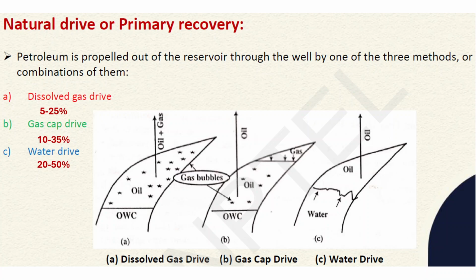So as soon as the pressure is released, what will happen? These dissolved gases, which are dissolved in the oil, come out. They are instantly released in the form of gas bubbles, and so some amount of oil in the form of this volatile matter gets released.